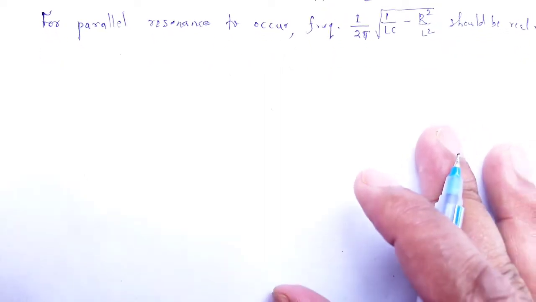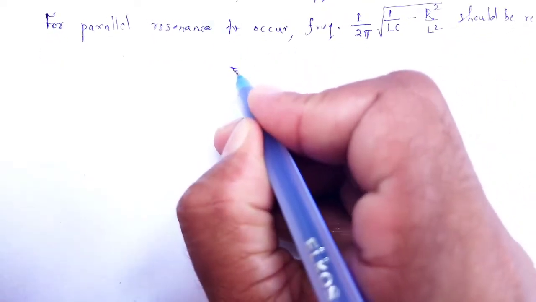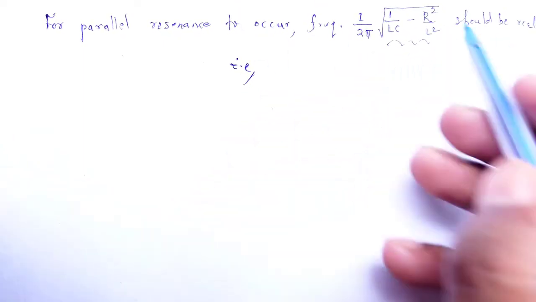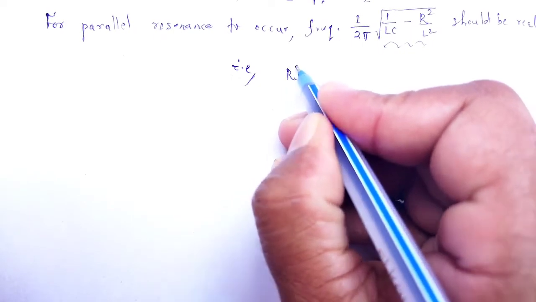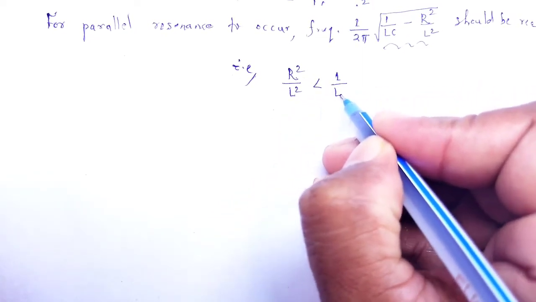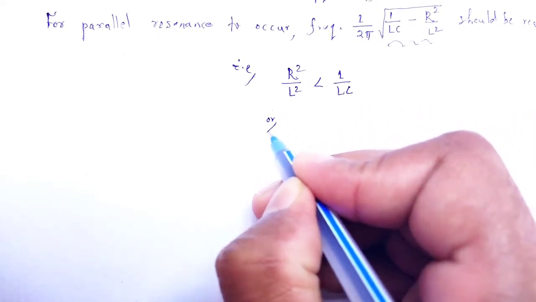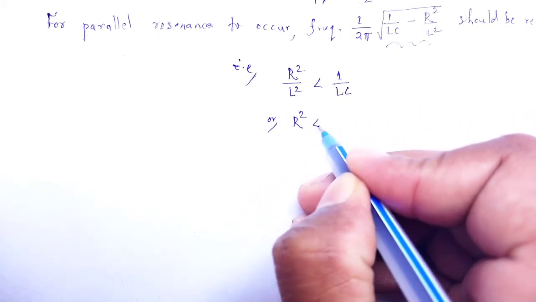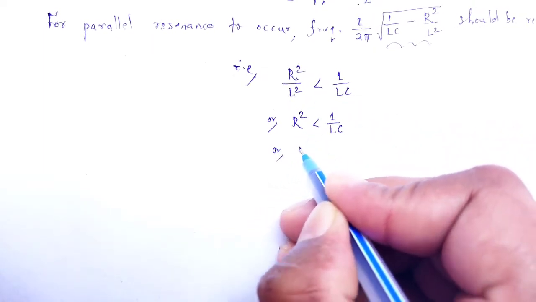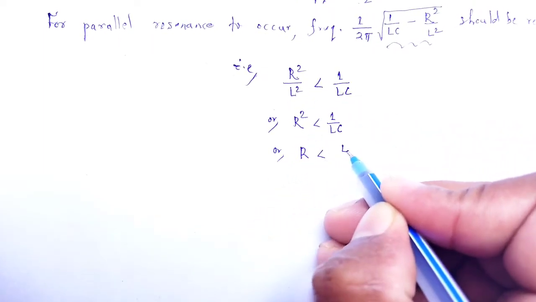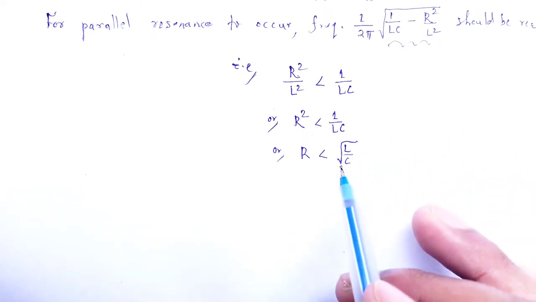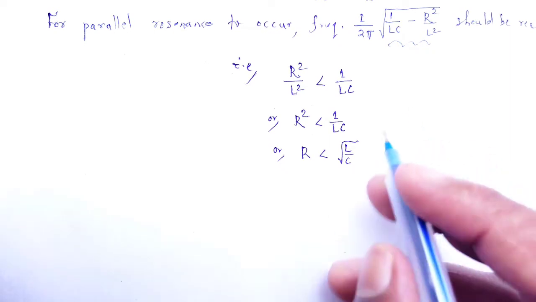Therefore inside that under root, R square by L square is less than 1 by LC. Therefore R square is less than L by C, one L cancels out. So R is less than under root of L by C. This is the condition for parallel resonance.